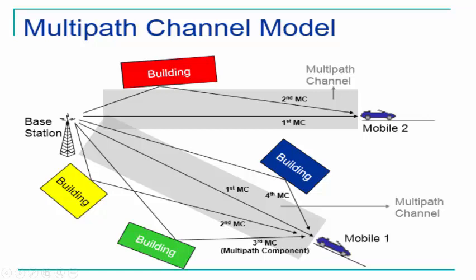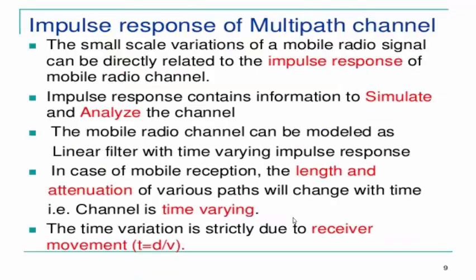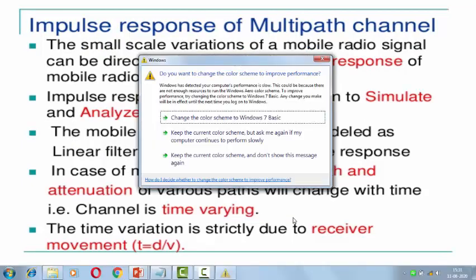At that time, due to the change in amplitude, variations in the amplitude are observed. If the second, third and fourth multipath components go out of phase, that is, a phase difference is there, then the resultant amplitude of the radio channel will definitely be reduced. So amplitude variation and phase variations are due to the n number of multipath components.